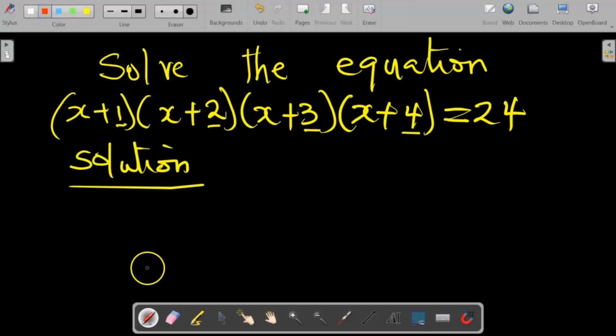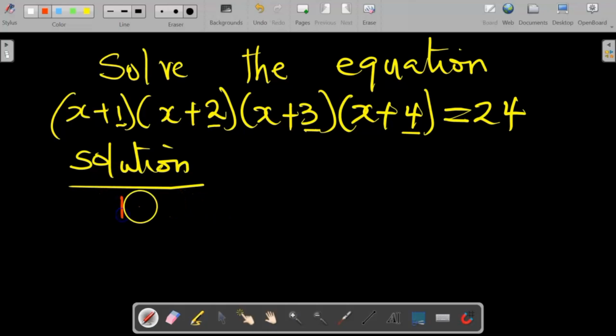The first thing we are going to do is to find the symmetric center of the constant terms. How do we do that? We simply look for the average of the constant terms.